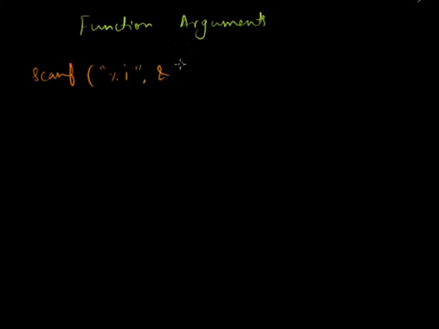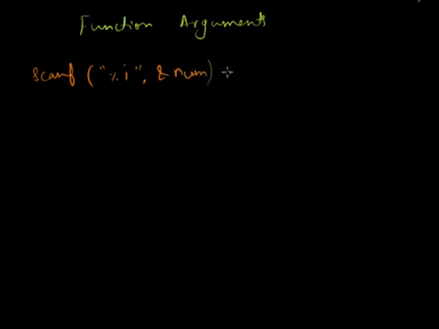Okay, now we come to a point where we can understand function arguments. Let us take the simple example of a function which we have used, scanf. How do you write scanf? You write this format specifier. Let's take the format specifier as %i, which means integer, and it needs an address, so the address of num.